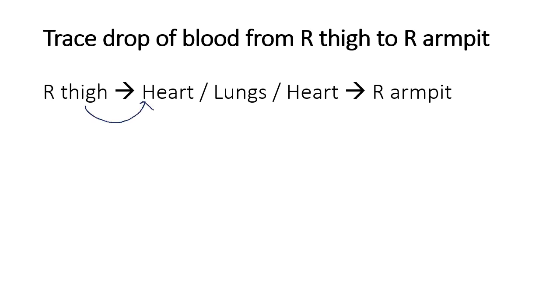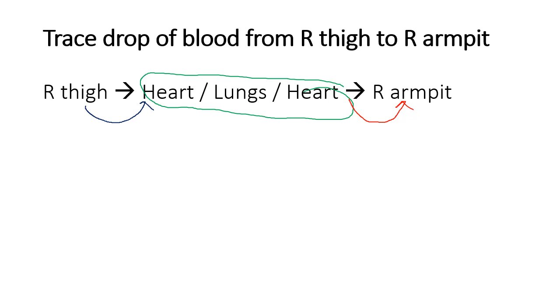That's the first part. The middle part is going to be that whole heart, lungs, heart thing. Your third and final part will be to hit that ascending aorta and travel on the most direct route to your right armpit. So I would suggest hitting pause.